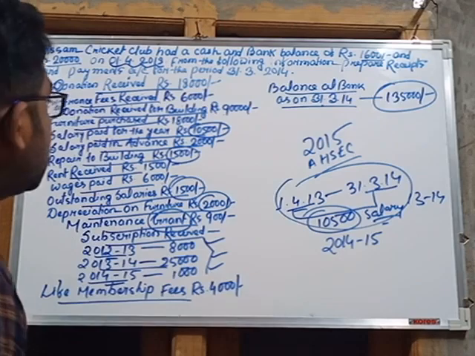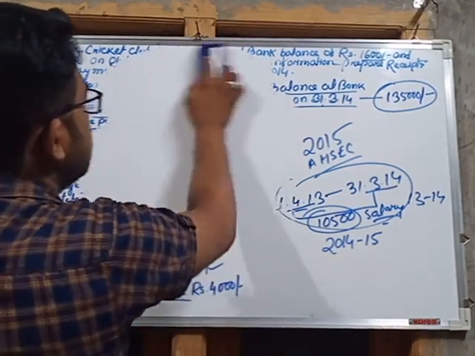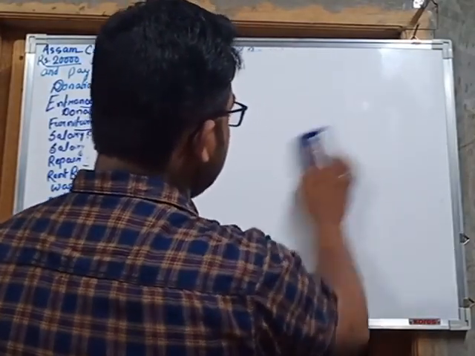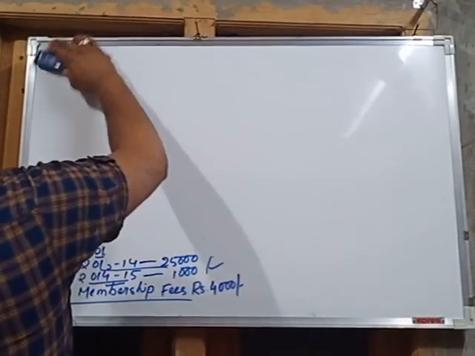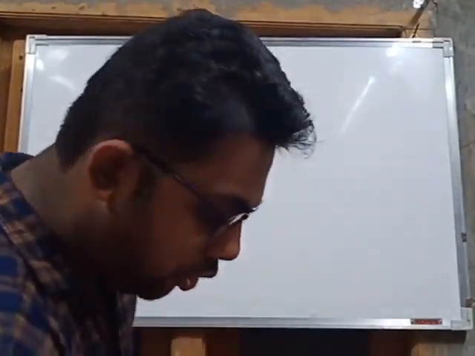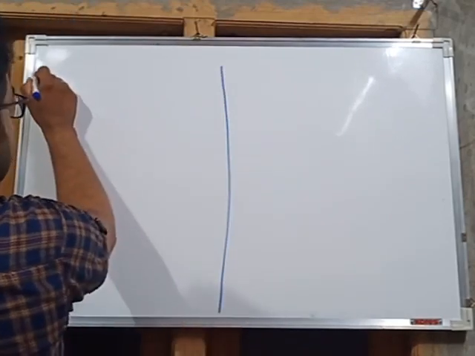Okay, so let's start the solution. You all know that the receipts and payment account has two sides, that is the receipt side and the payment side.